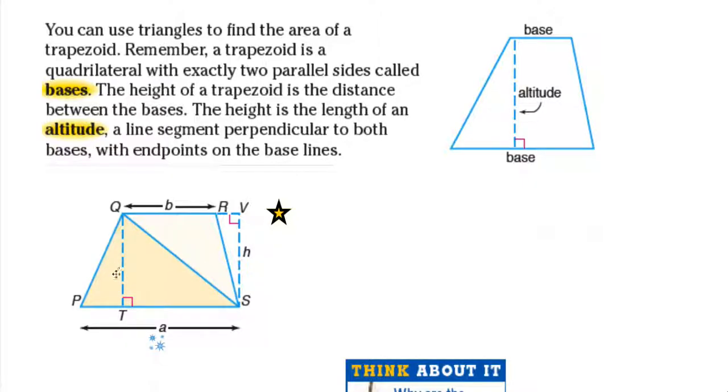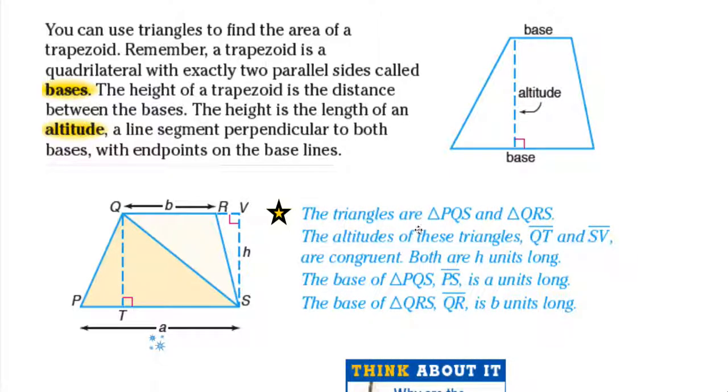If you analyze this trapezoid right here, the triangles, triangle PQS and triangle QRS, the altitudes of these triangles, segment QT and segment SV, are congruent.